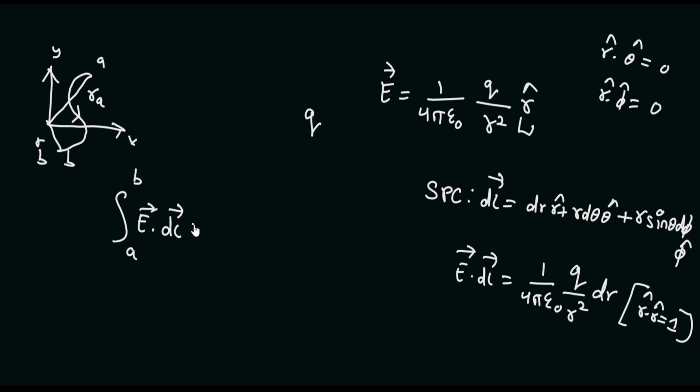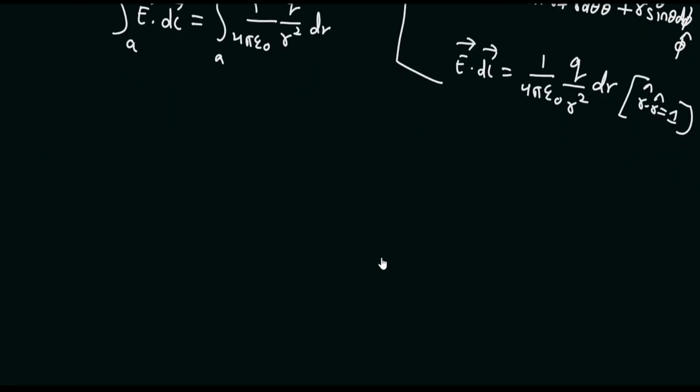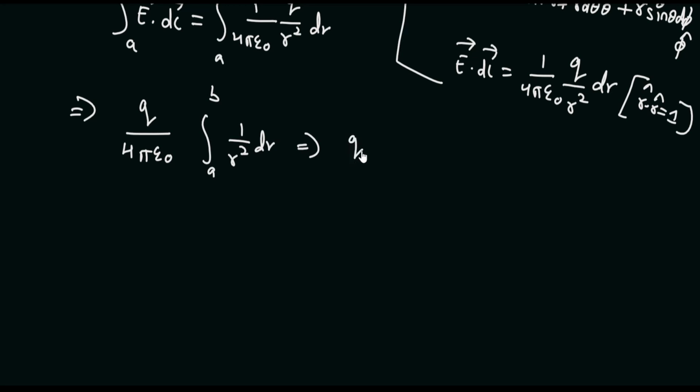Therefore, we will have the integral from a to b of 1 divided by 4 pi epsilon naught q divided by r square dr. We can take the magnitude of the charge q outside since it is a constant, and also 4 pi epsilon naught. So we'll be left with the integral from a to b of 1 divided by r square dr, which will be equal to q divided by 4 pi epsilon naught times minus 1 divided by r, evaluated from a to b.